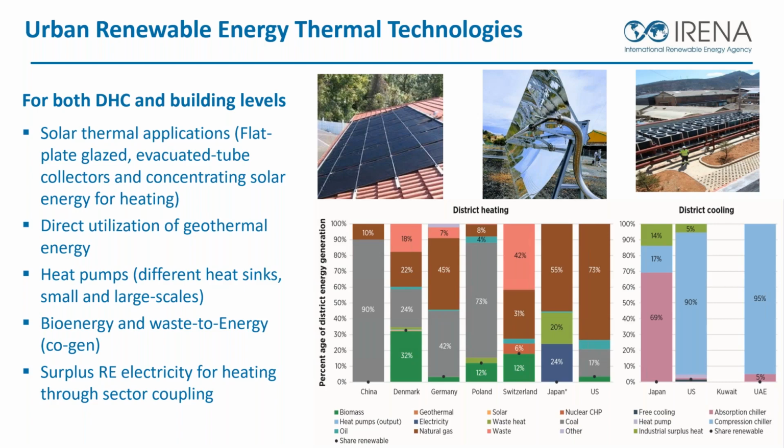Currently the total installed capacity for geothermal direct use is 107 gigawatts, according to the International Geothermal Association's numbers.